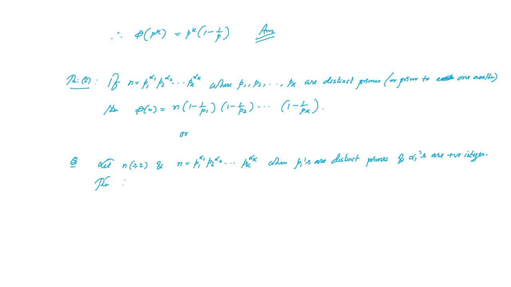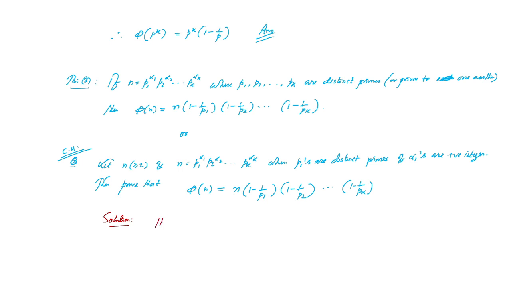Then prove that phi of n is n into 1 minus 1 by p1, 1 minus 1 by p2, up to 1 minus 1 by pk. This question was asked in the Calcutta University honours examination. The other matter is how to prove this kind of problem. So now we'll come to the proof of this theorem.